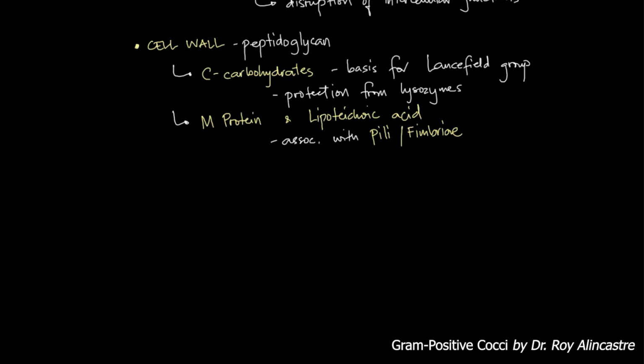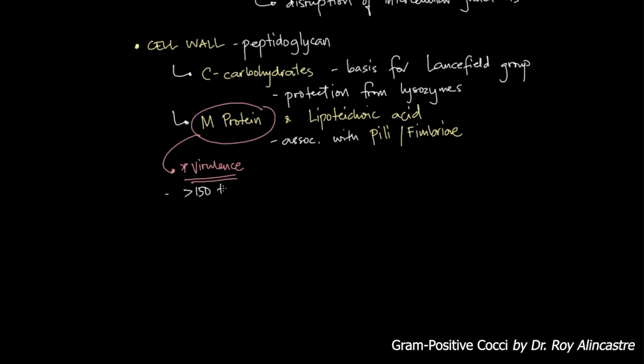The M protein is probably one, if not the most important virulence factor of strep pyogenes. It is a filamentous structure anchored to the cell membrane that penetrates and projects from the cell wall. When this is present, the bacterium is virulent. Okay, strep pyogenes that do not have M protein are not virulent.